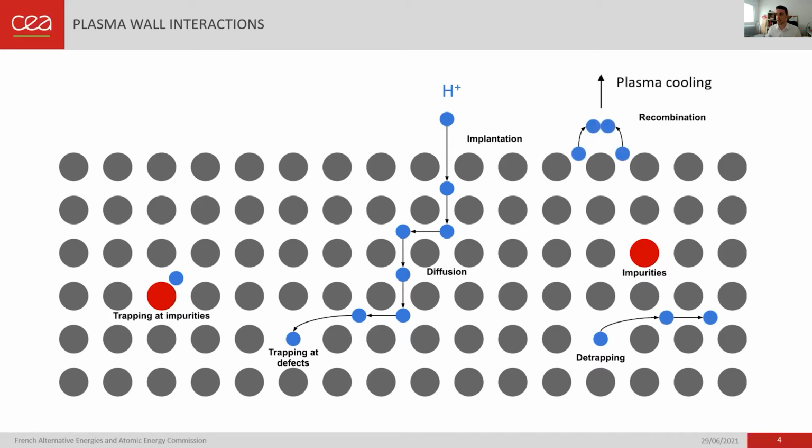Eventually, it can reach the surface again, recombine with another hydrogen, forming an H2 molecule, and go back to the plasma. That will cause a cooling of the plasma, which will eventually reduce the performance of our tokamak, which is not something we want.